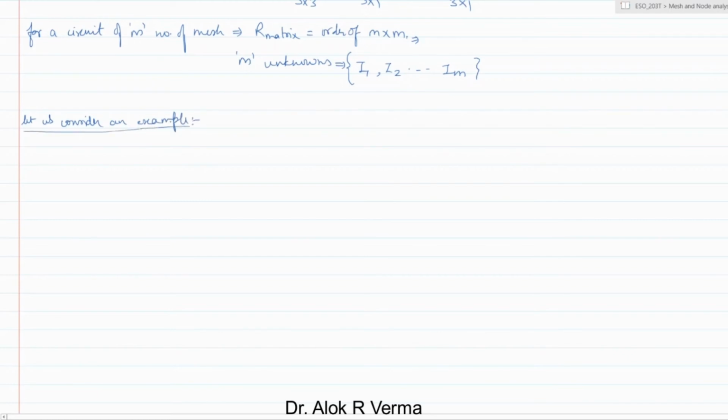Let us consider an example. Okay, so we can have a small example just to understand the procedure. Suppose we have a voltage source, then we have a resistor.